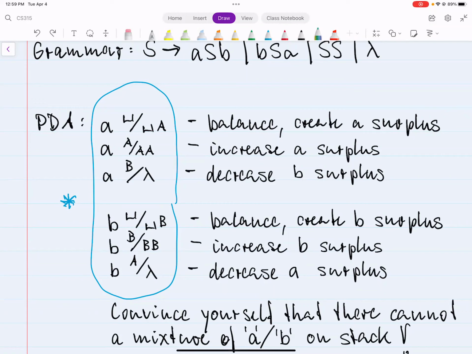What do you think? Who's for necessary? Who thinks it's a convenience? Very good. It's a convenience, exactly. So how can you, for instance, make this work on a standard PDA?